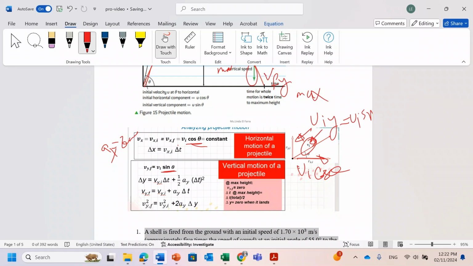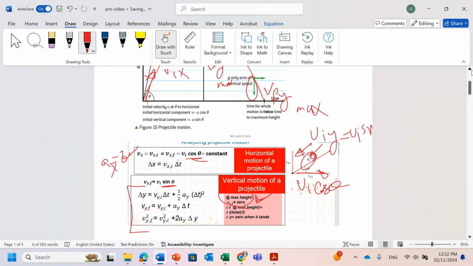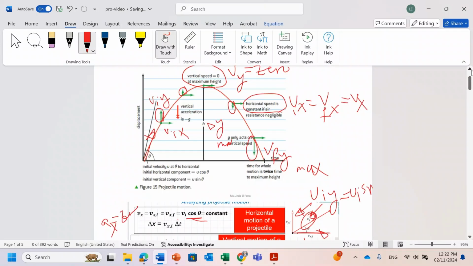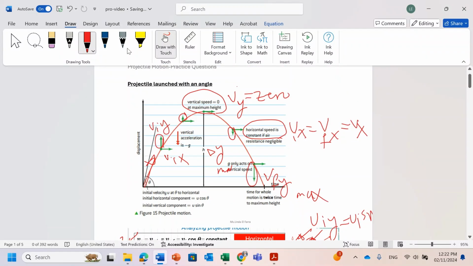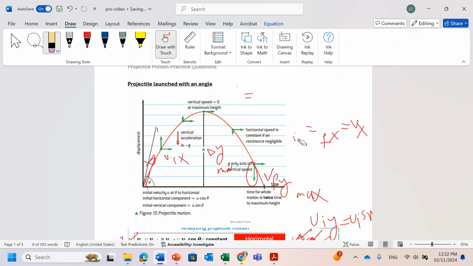In y direction, we have three equations of motion. Besides, at maximum height, we always have V final in y as 0. The time at maximum height is always half the total time.